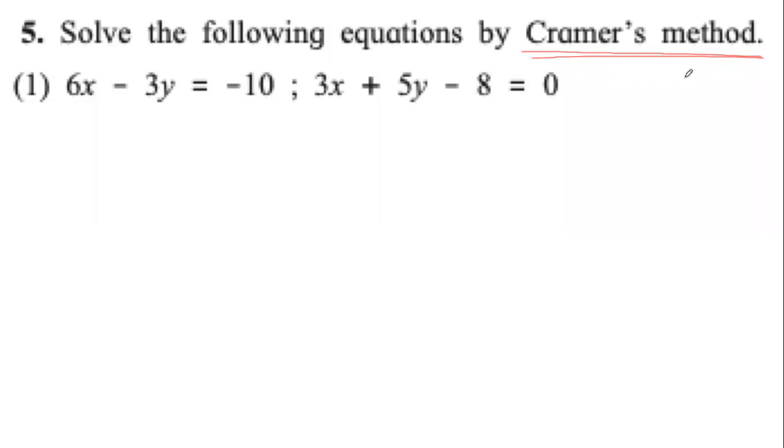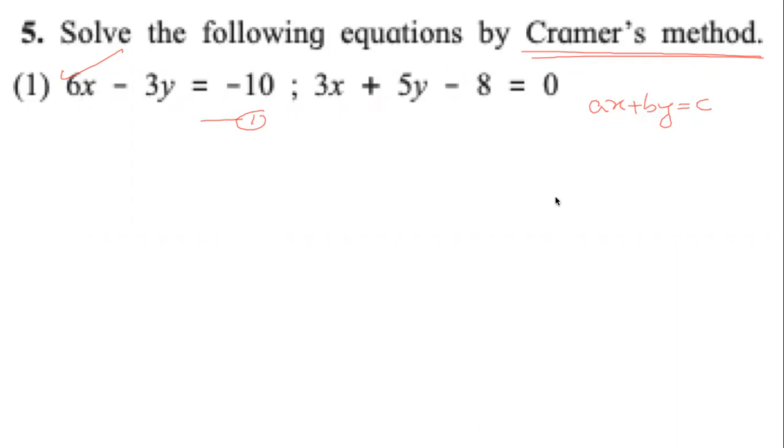Remember, to use Cramer's method, which is also called the determinant method, we need to have our equations in the form ax plus by equals c. Right now, equation 1 is already in that form, but the equation on the right is not in the form ax plus by equals c. So the first thing we need to do is convert it into this form.